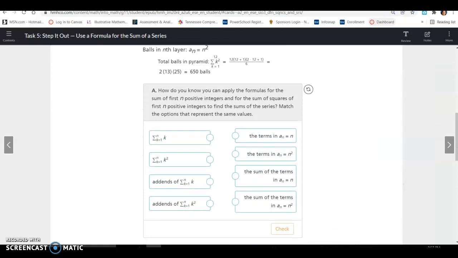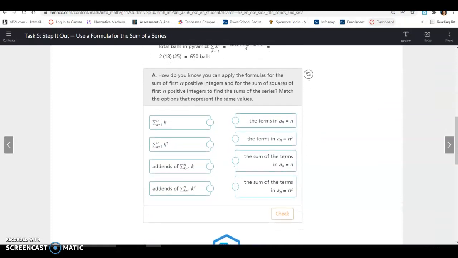All right, so it says, how do you know you can apply the formula for the sum of the first n positive integers and for the sum of squares of the first n positive integers to find the sums of the series? All right, match the options that represent the same values.